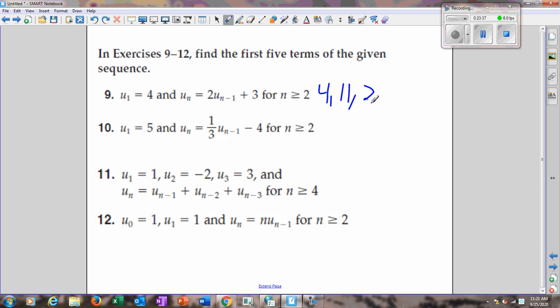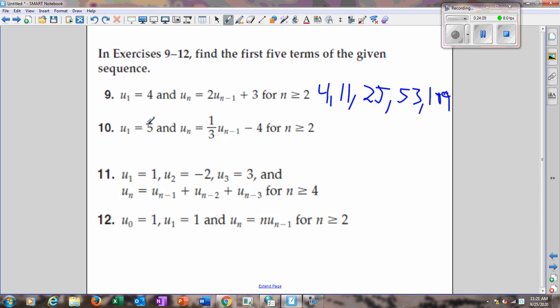That's 25. 2 times 25 is 50, plus 3 is 53. 2 times 53 is 106, plus 3 is 109. So that's my 5 terms.